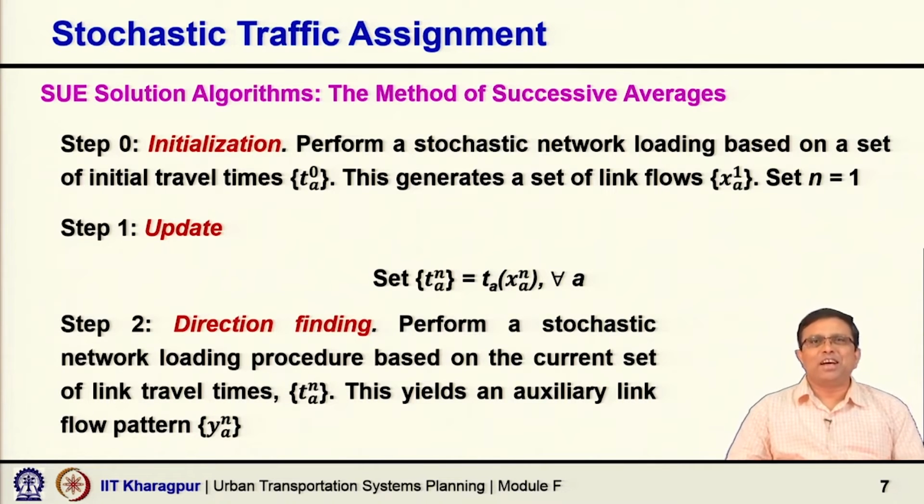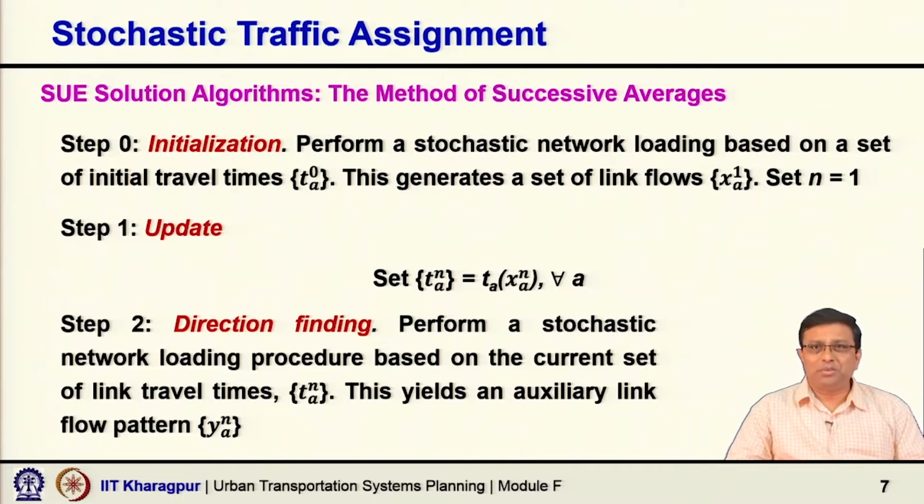So, initially we do a stochastic network loading and then we further update the flow, do again a stochastic network loading, but whatever we are going to get, we get that as auxiliary link flow pattern, exactly. Like the MSA, what you have already studied, you already know. We discussed all this with an example also. So, this auxiliary flow we shall get.